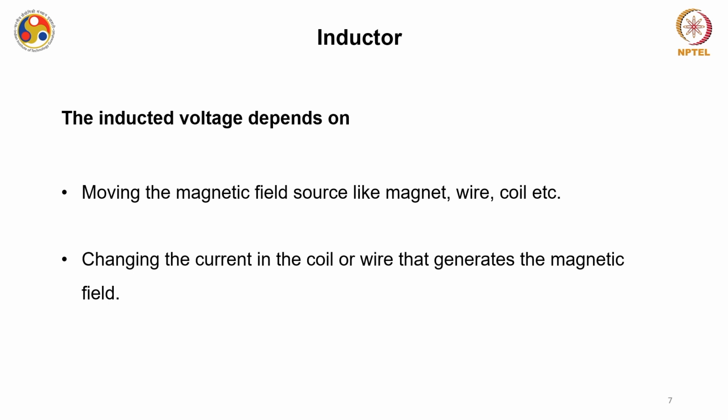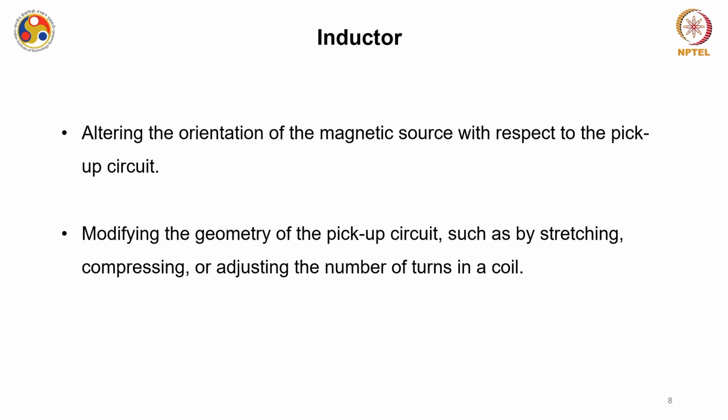Similarly, a change in current in the coil that generates this field will also result in a change in the back EMF. Then third is altering the orientation of the magnetic source with respect to the pickup circuit. This will also change the field, and that's why I will have a change in the back EMF. Particularly it can affect the sign.